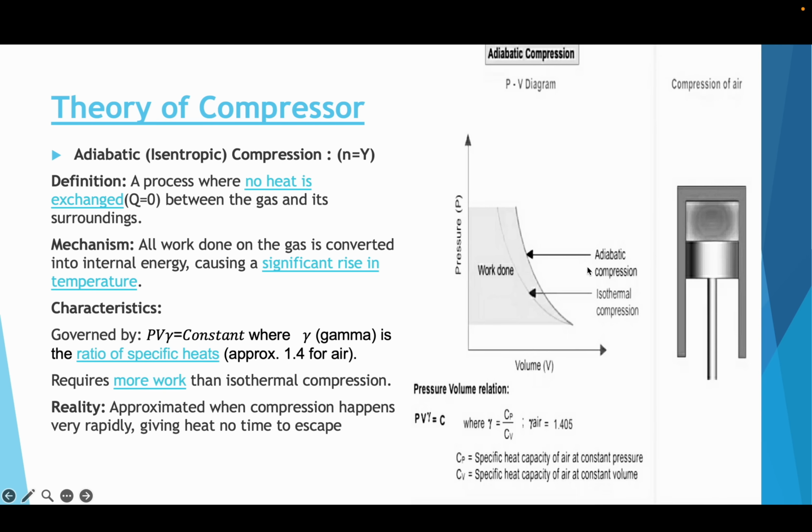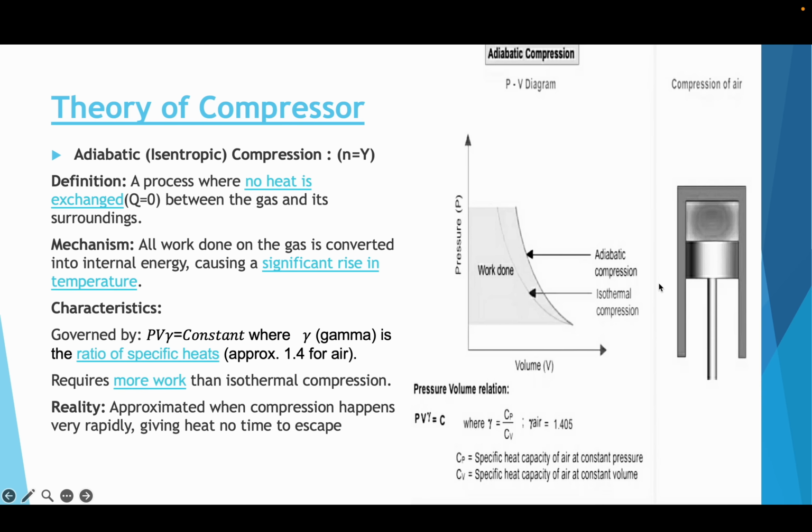Now what is adiabatic compression? Adiabatic compression is a type of compression which is so fast that the heat removed during the compression is 0. It means that in adiabatic compression no heat is exchanged during the compression cycle. All the work on the gas is converted into internal energy, causing a significant rise in the temperature.